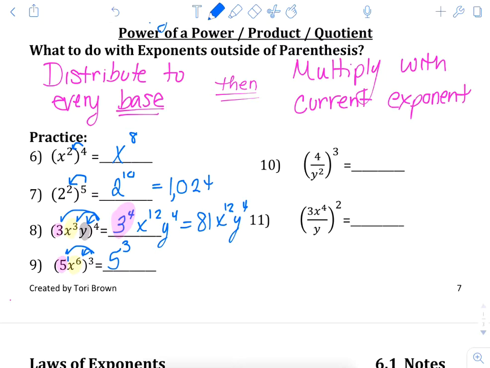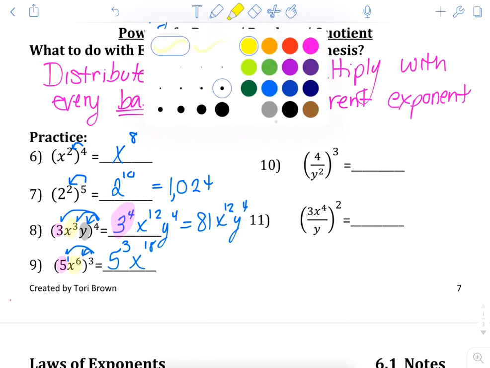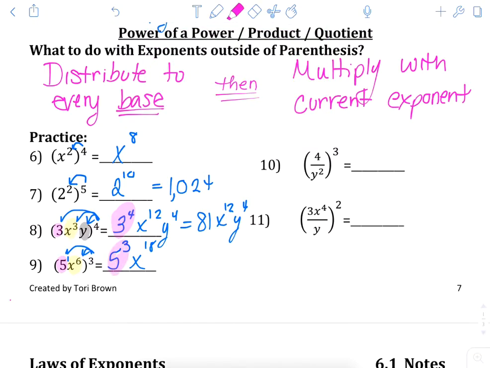I'm going to distribute the 3 into the x's exponent, which is 6. 6 times 3 is 18. I am not allowed to leave this 5 to the 3rd. I have to simplify it one step farther. So 5 to the 3rd is 125. We're going to write out 125 x to the 18th. That's his final answer.